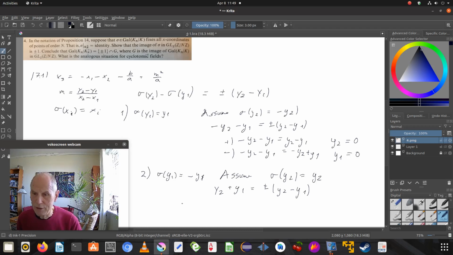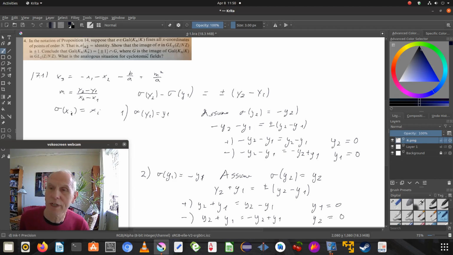So the plus yields y1 vanishes and the minus means that y2 vanishes. So when the second coordinate is distinct from naught, then they have to change sign the same way in order for the addition formula to vanish.